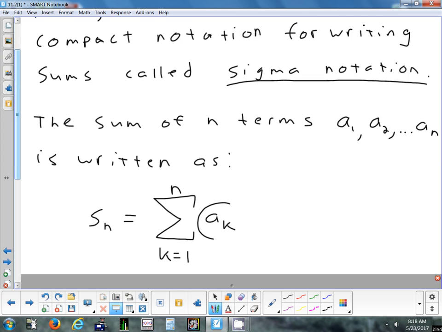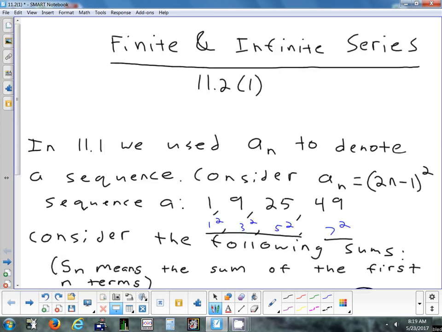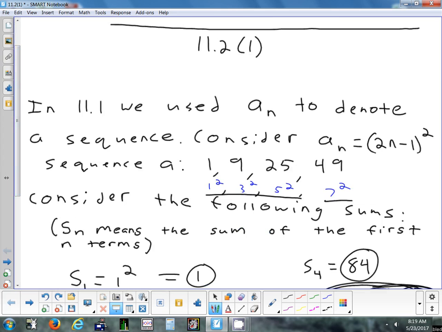Over here on the right, this is the formula for the sequence. So if I go back for a second to the first page, that A sub k that I just circled would be that right there. It's the formula that's generating the numbers you're going to add up. So they have to give you that.